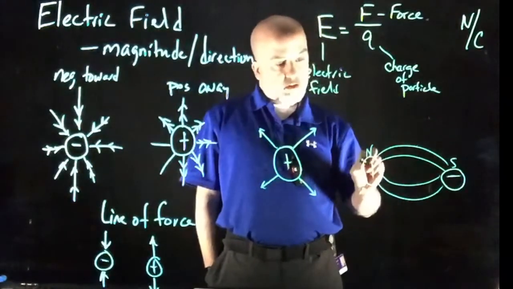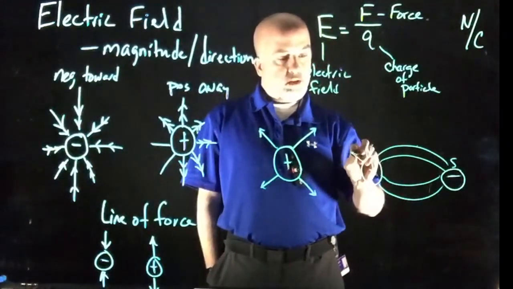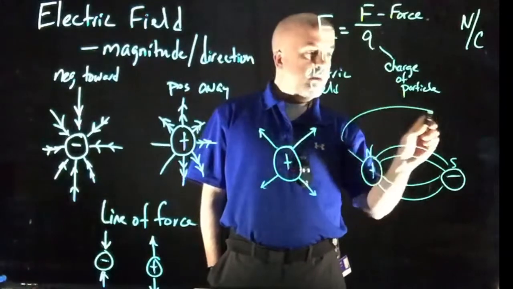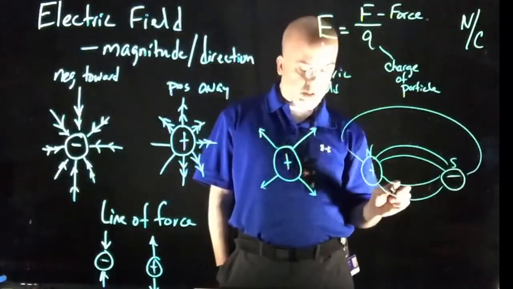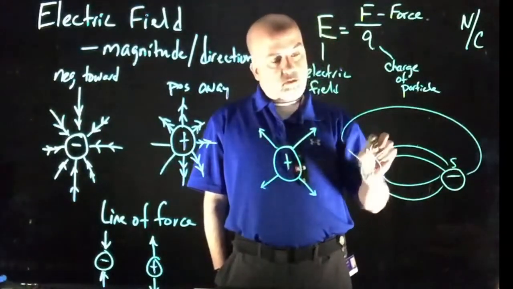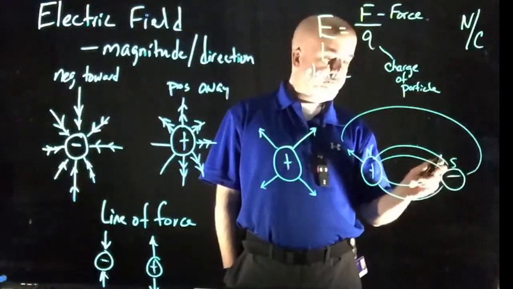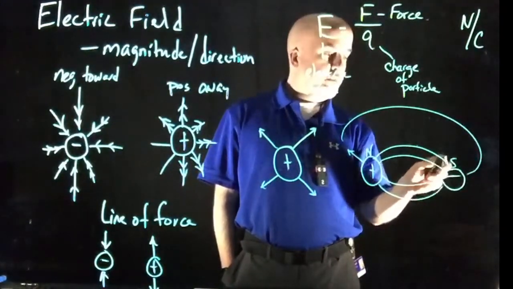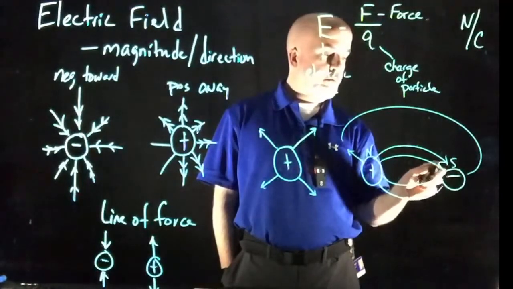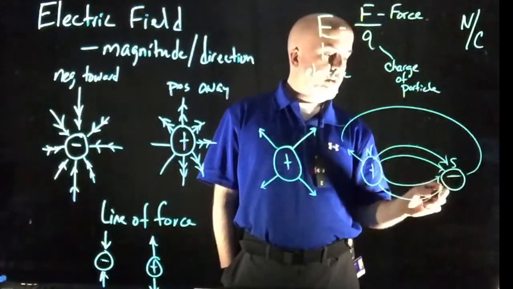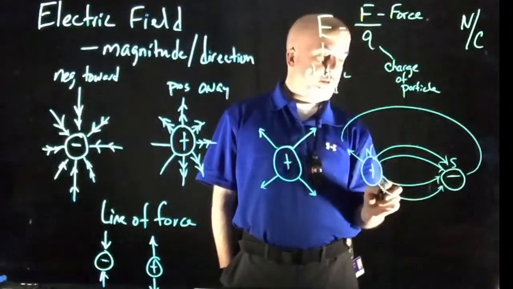Now, even when the forces come out of here, they'll go out and take a big long trip until they meet back over on the other side. Now remember, positive, they go away. Negative, they're going into. Okay, so that shows me the direction of the forces.